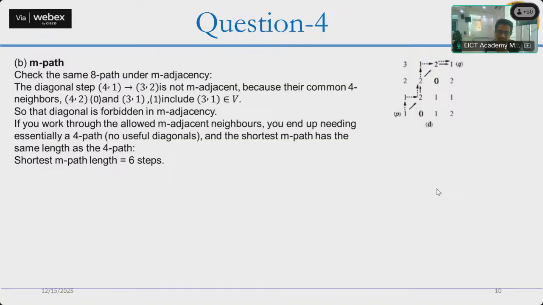Now let's check the same path, 8 paths under M adjacency. Remember, this path is not allowed because they are common neighbors. So here you go: first step, second step, third step, fourth step, fifth step, sixth step.